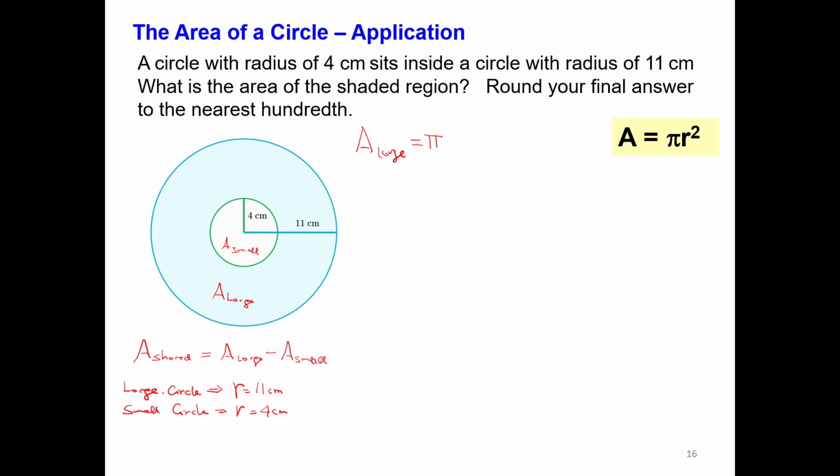The area is pi times r squared. Pi value is 3.14 times the radius, but the radius is 11 squared. We know 11 squared is 121. What we need to multiply is 121 times 3.14.